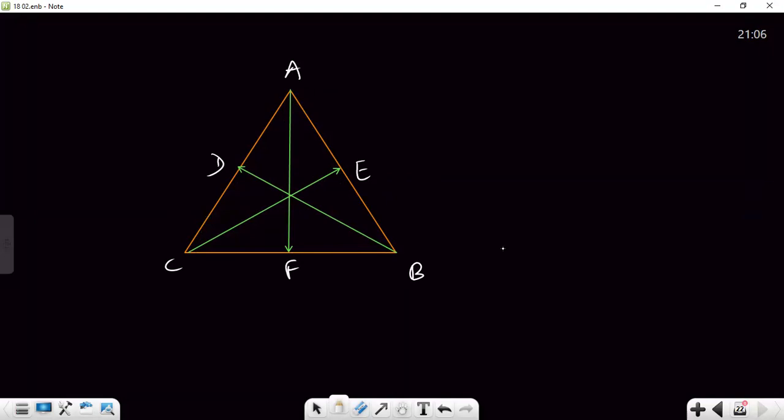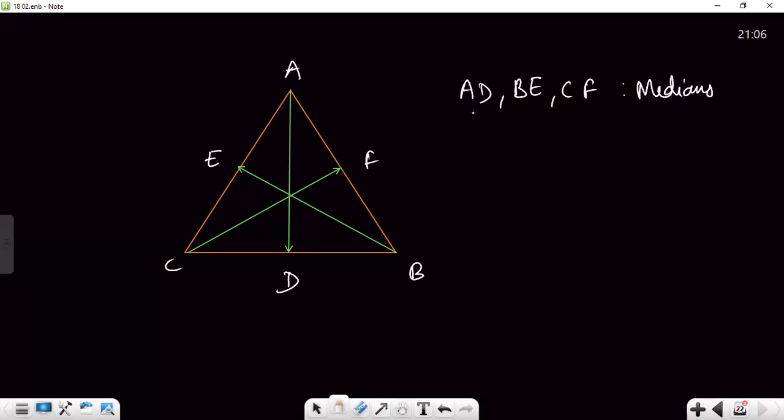Okay. So here, the thing to understand is that A, F, C, E, and D, B are the medians. Actually, I have not followed the convention while writing this. A, D, B, E, and C, F. This is most generally used. So here A, D, B, E, and C, F are the medians.